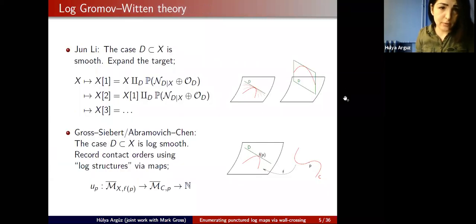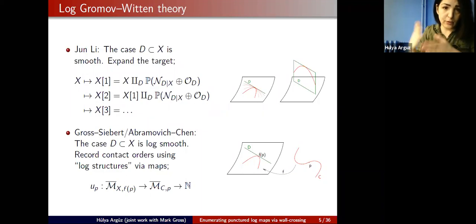And I will tell a couple of words about what Li does to compute relative Gromov-Witten invariants. So in relative Gromov-Witten theory, you have the setup that you're looking at curves as illustrated in the picture, which have some given contact orders with D. The problem is, you can imagine when you try to compactify your moduli space of such curves, your curve can come closer and closer to D, and some component of the curve might just fall inside D. You may try to naively compactify your moduli space with these things which fall inside D, but that doesn't work well.